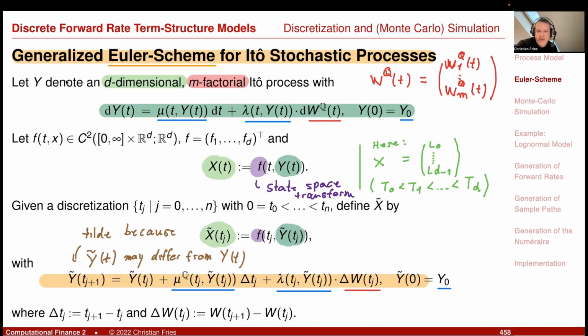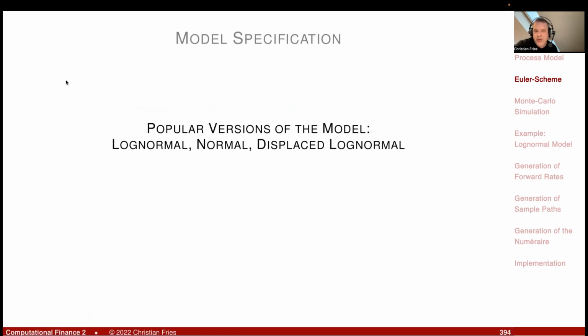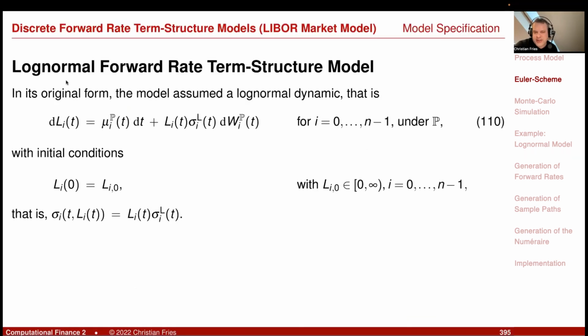So I like to use this little bit generalized Euler scheme also because when we discussed here the model, that was our general setup. We had a collection of popular versions. And you see, there is here, for example, the log normal model.